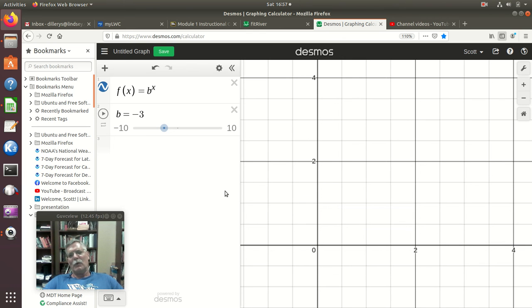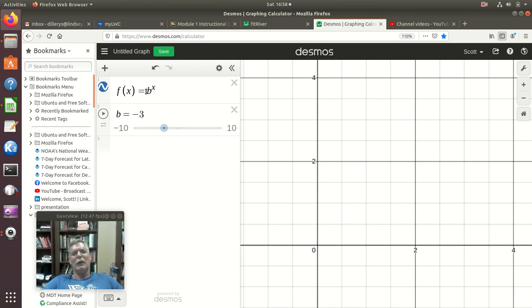It doesn't work well, right? Because I'm trying to take various powers of a negative number, and, well, depending on what x is, I can't do that, right? I can't take the square root of negative 3. I can take the cube root, but even for positive x, you say, well, you could do negative 3 cubed.